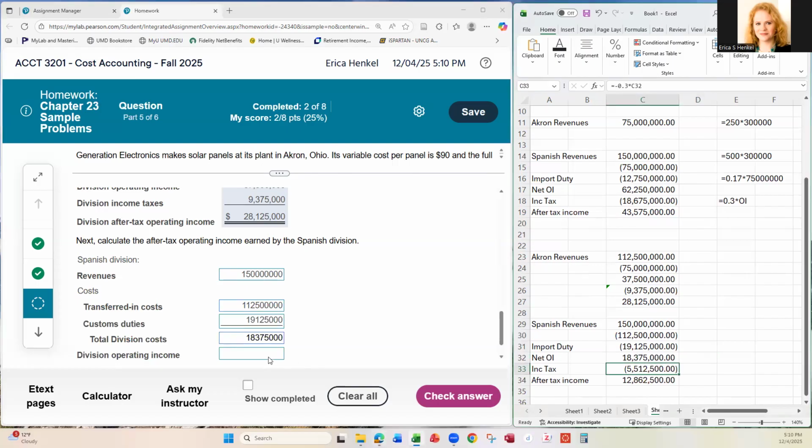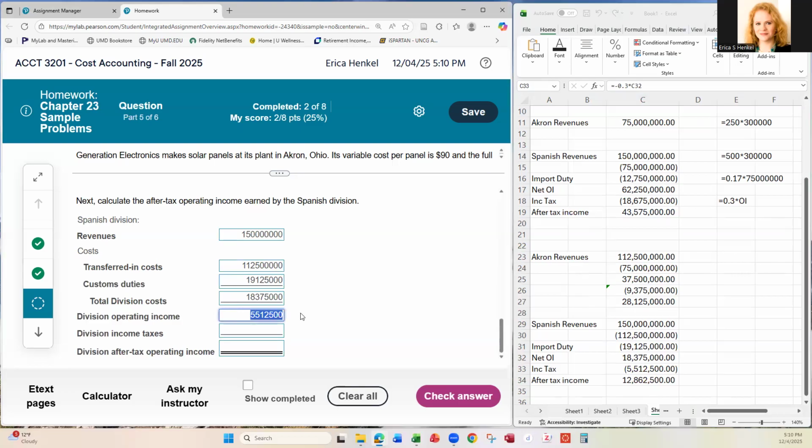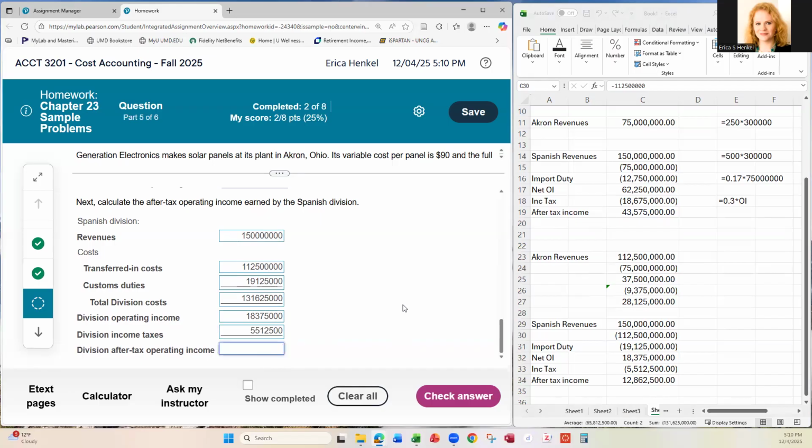I already had this coded in at 30%. So 5,512,500. And whoops, wrong line. I did put total division costs on here. 131,625,000. There we go. Okay, so ending division income of 12,862,500.